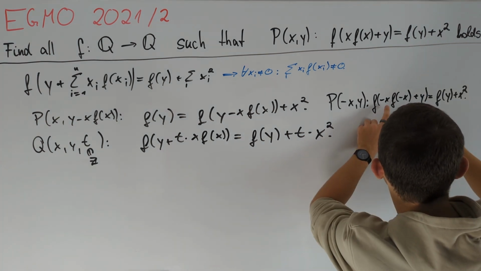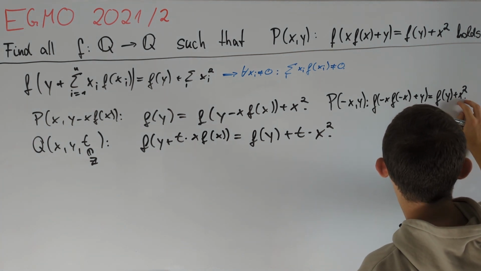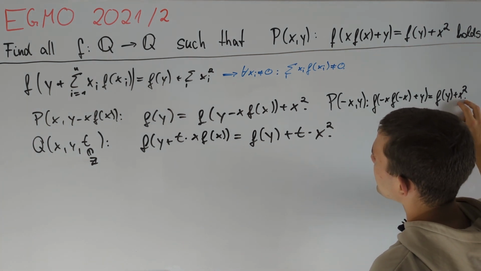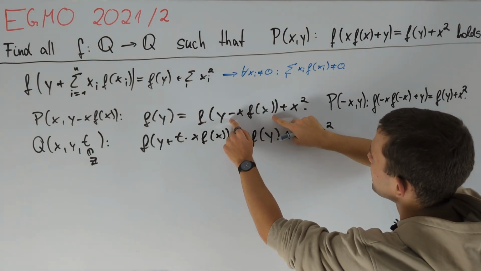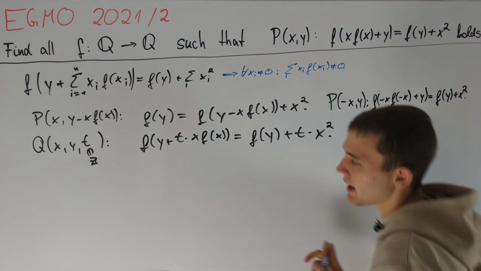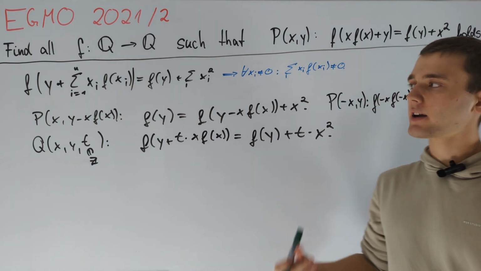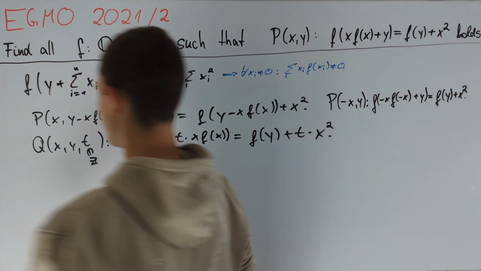In conclusion, translating the argument by minus x f(minus x) increases the output by x squared. If we then translate by minus x f(x), we decrease the output by another x squared and therefore land where we began. And therefore it is a reasonable assumption that the argument doesn't change under that operation.